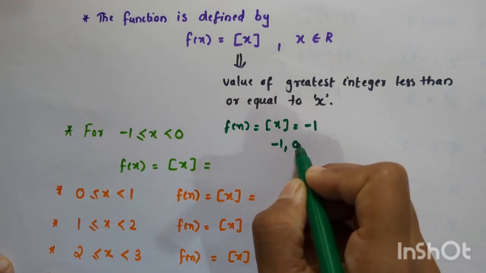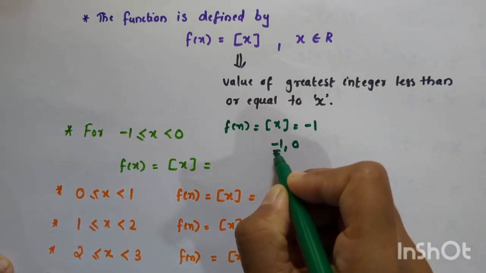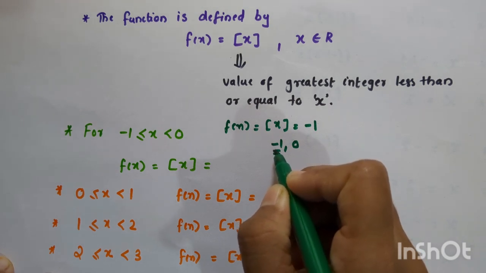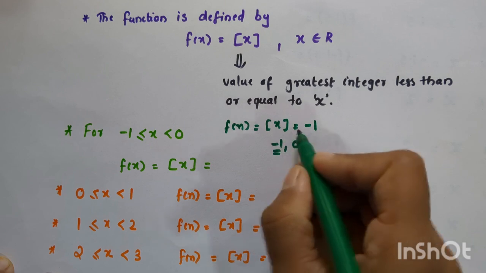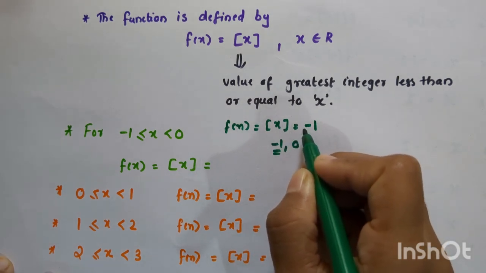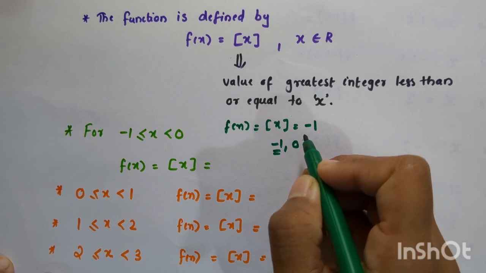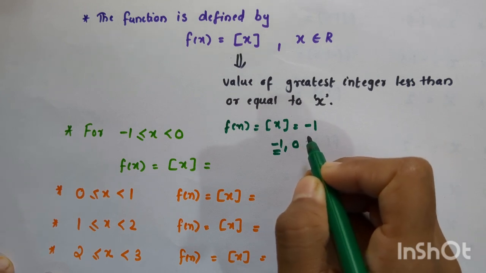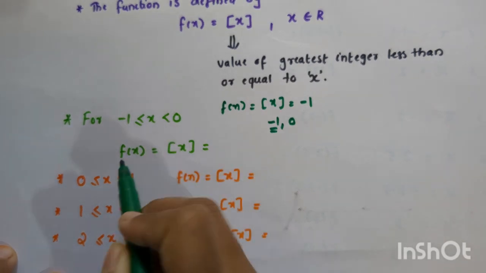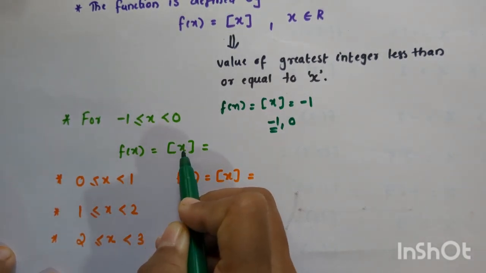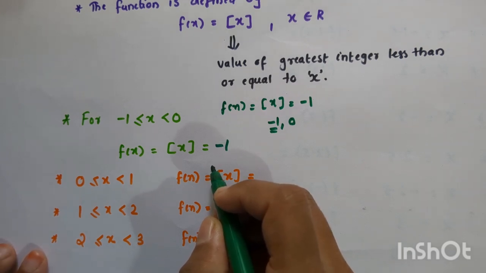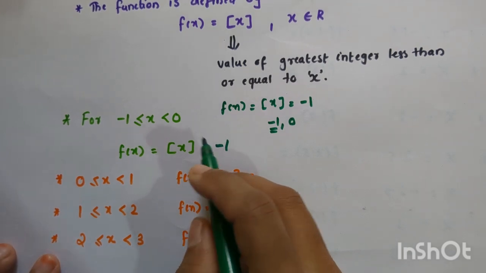So f of x will be equal to minus 1. The greatest integer here is minus 1. So for minus 1 less than or equal to x less than 0, f of x equals [x] equals minus 1.